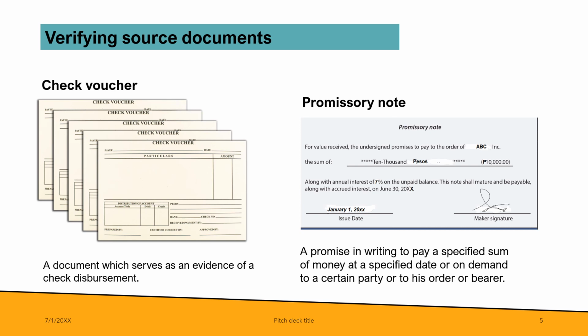How about the promissory note? This is a promise in writing to pay a specified sum of money at a specified date or on demand to a certain party, or to his order or bearer. For example, your business purchases assets, computers, or any equipment from a supplier, and you agreed that the payment should initially be through a promissory note.